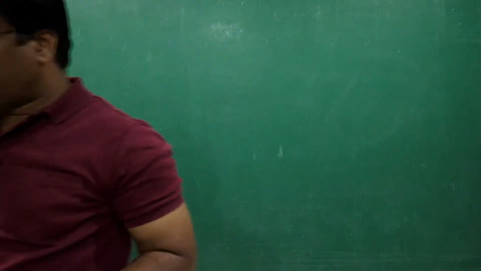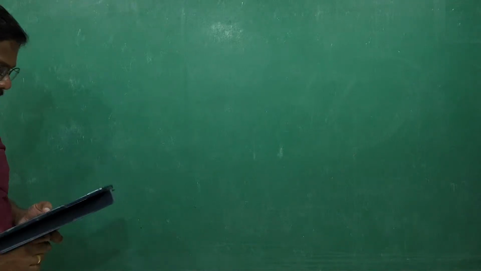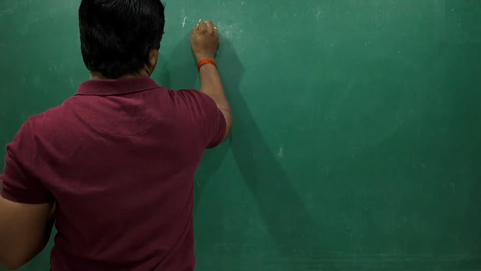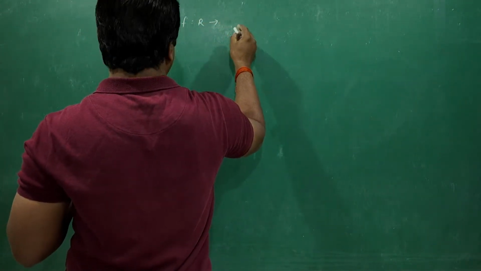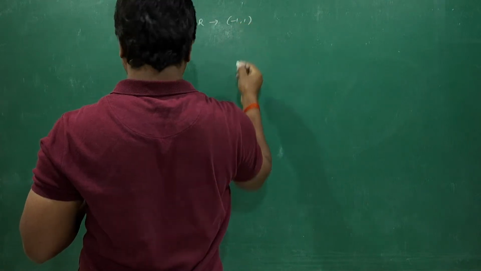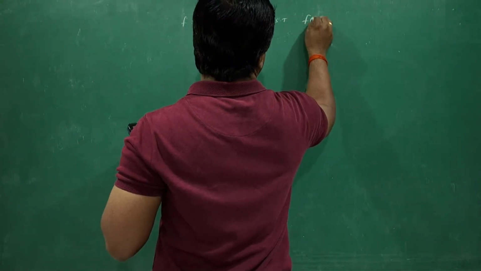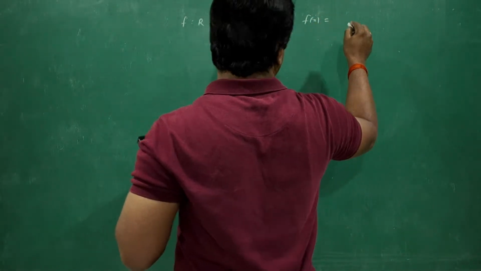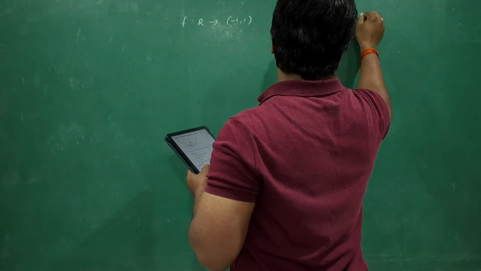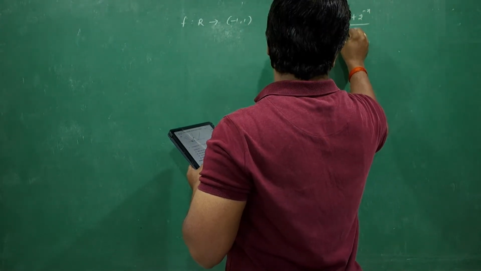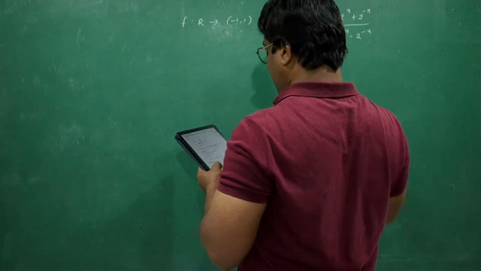The question is framed based on verification of one-one, onto, many-one. See here, the question is given as f is a mapping from R to the open interval -1 to 1 such that f of x equals 2 to the power of x plus 2 to the power of minus x divided by 2 to the power of x minus 2 to the power of minus x.